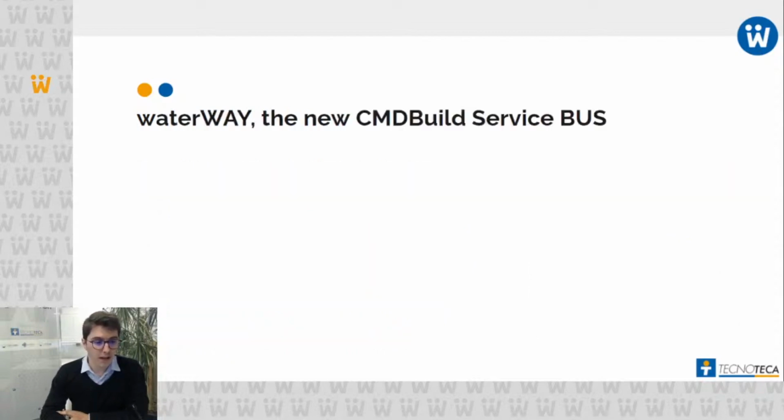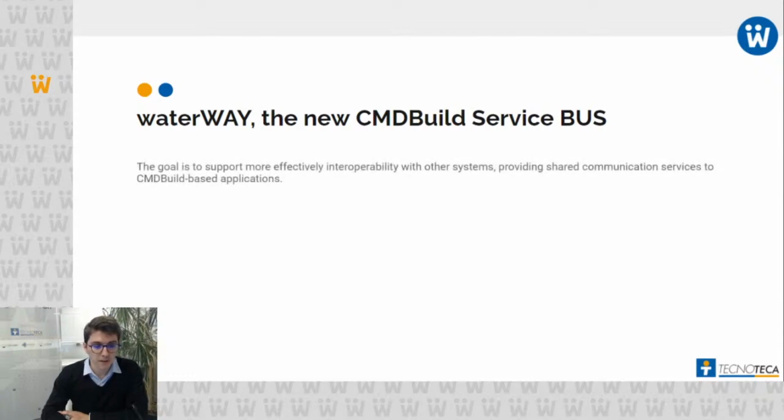Then we have also added a new CMDBuild service bus called Waterway. The goal of this new service bus is to support more efficiently interoperability with other systems, providing shared communication service to CMDBuild-based applications.